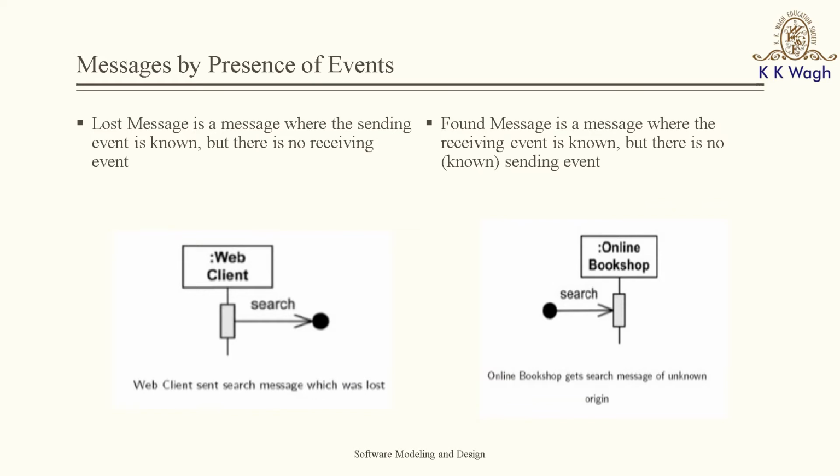So the web client sends a search message which was lost, and the online bookshop gets a search message of unknown origin. In this case, the sending event is not known, and in the lost message case the receiving event is not known. So this is the difference between lost message and found message.